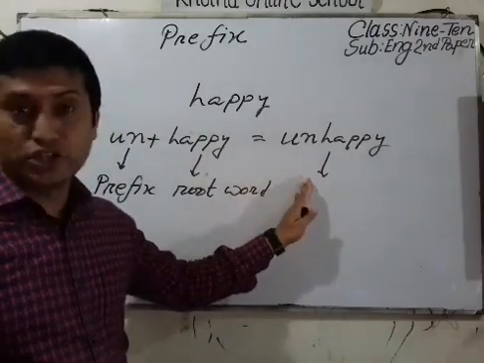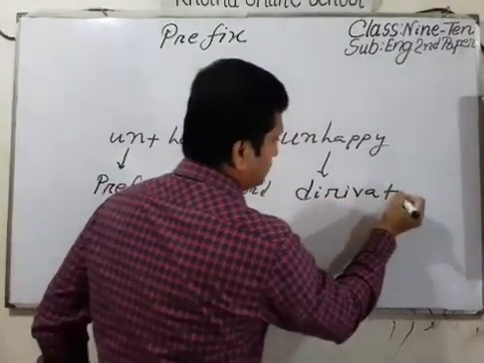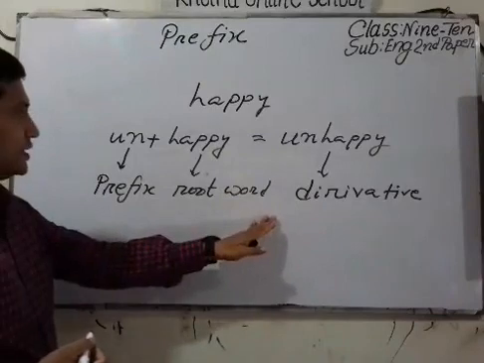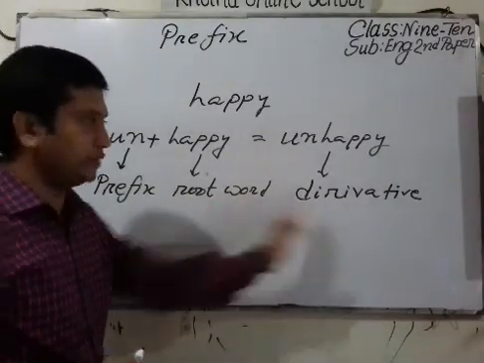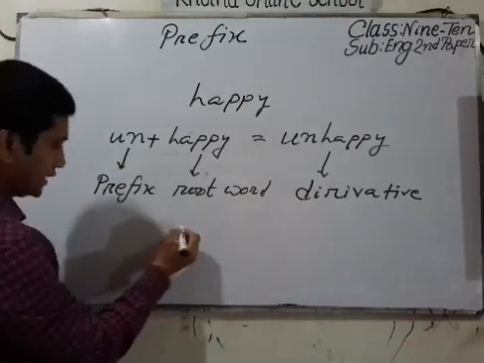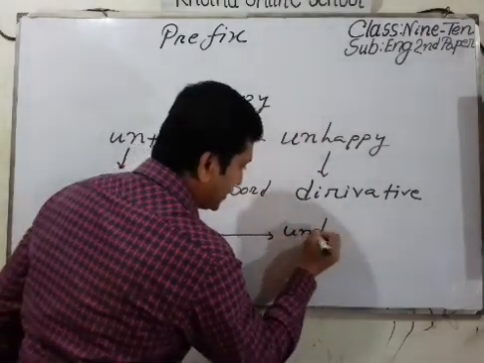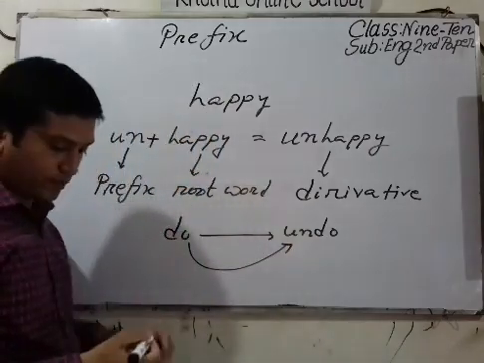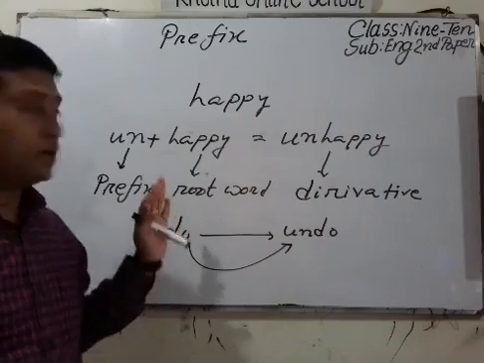It is the derivative. So prefix, root word, derivative. What is a derivative? The other form of a root word. For example, suppose I write do, and if I write undo, then it is a derivative. Okay, so let's get more prefixes in detail.